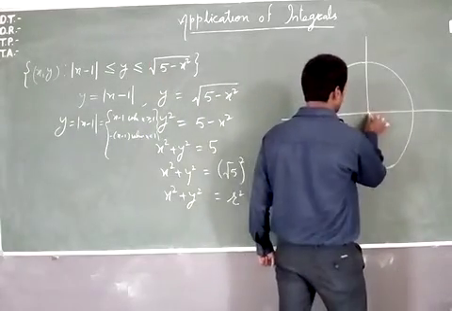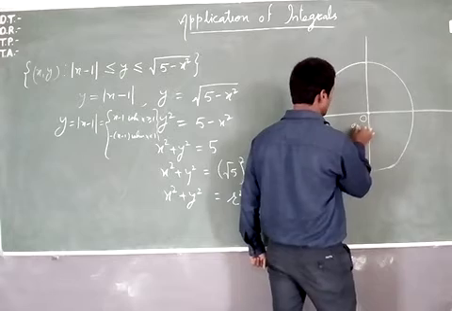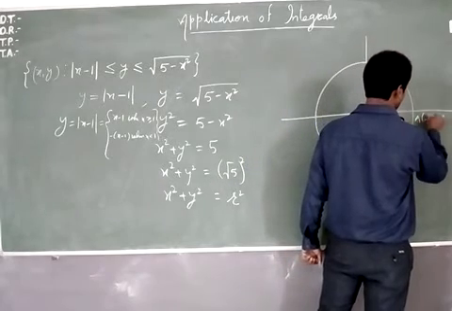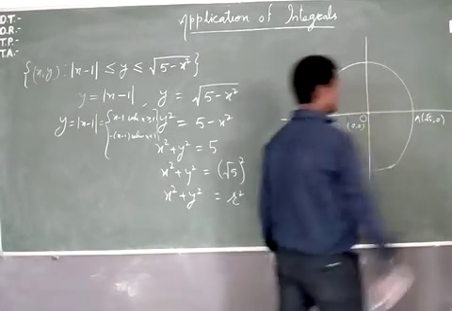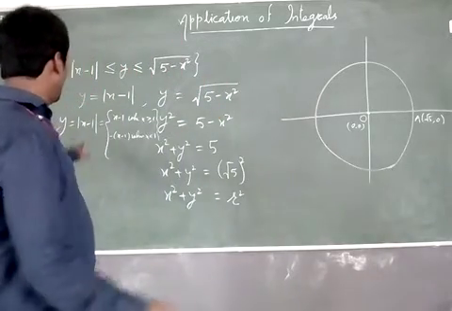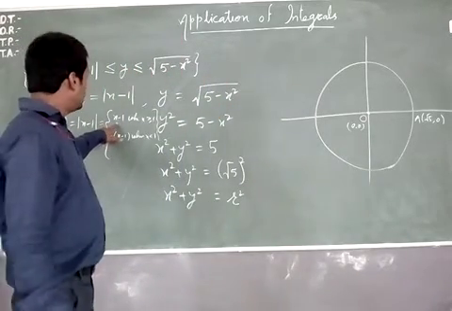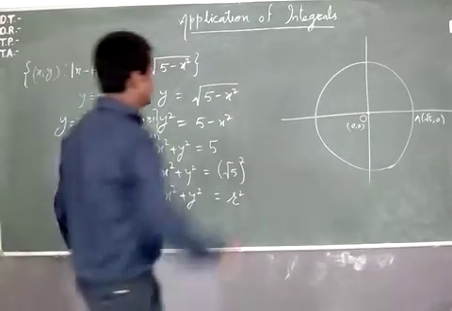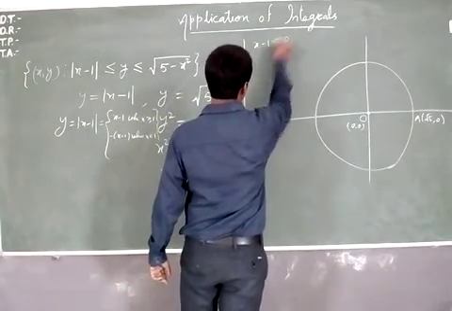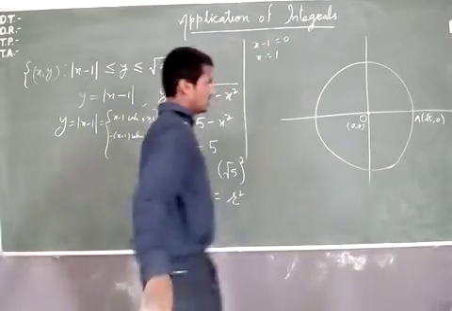So we can write here 0, 0, and the coordinate of point A is (a, 0) where a is √5. Put x - 1 equal to 0, then x equal to 1.